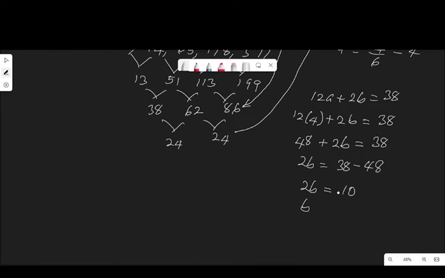So b is equal to minus 10 over 2, which is minus 5.